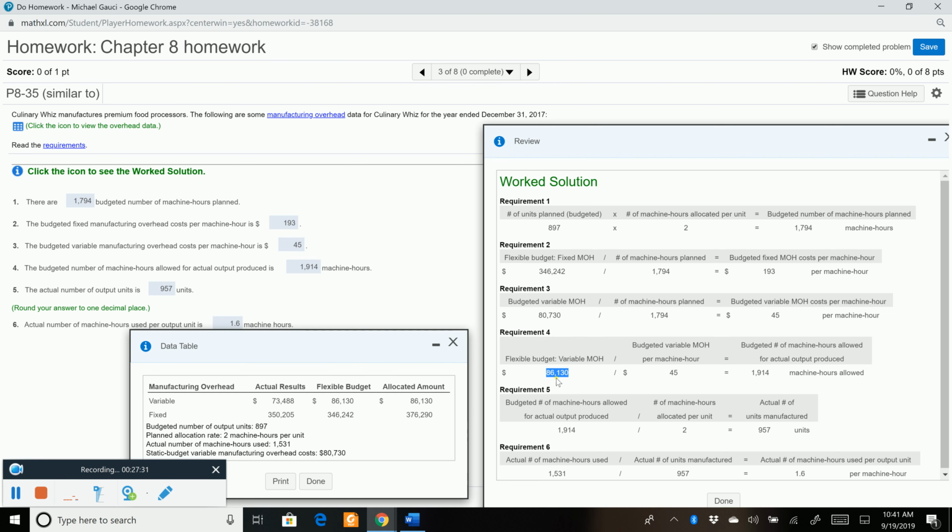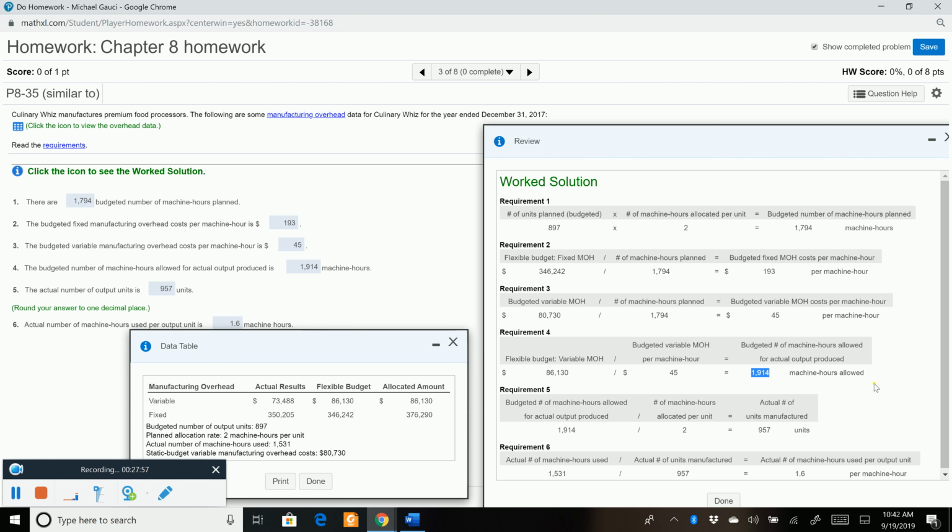That is what was flexed for this level of activity, divided by the predetermined overhead rate of 45. So we have calculated the number of hours allowed for this level of activity, 1,914 machine hours. That is the amount allowed for this level of activity. We had to back into it.